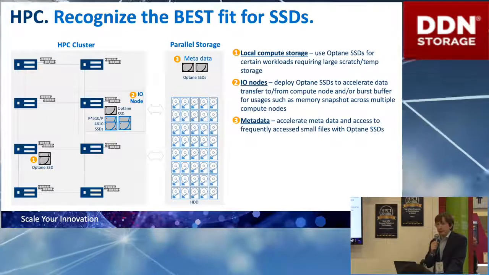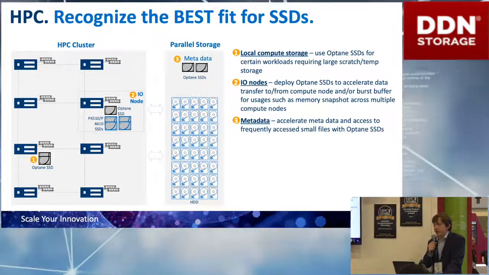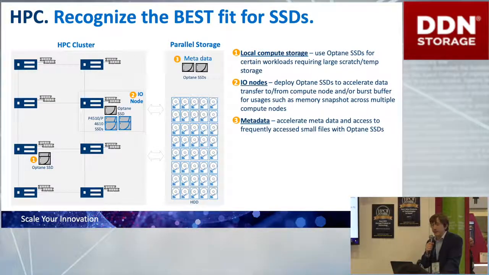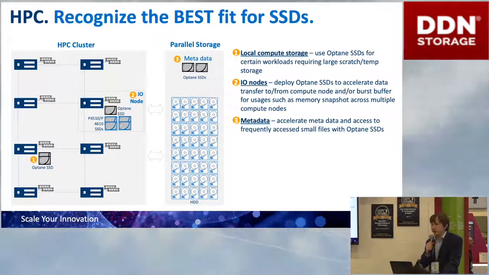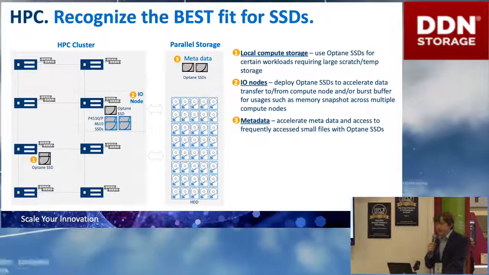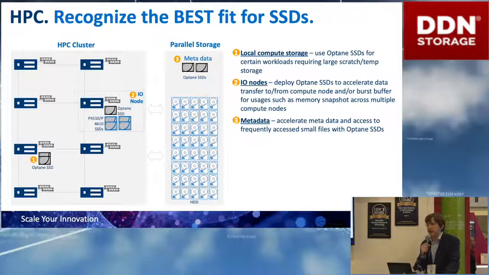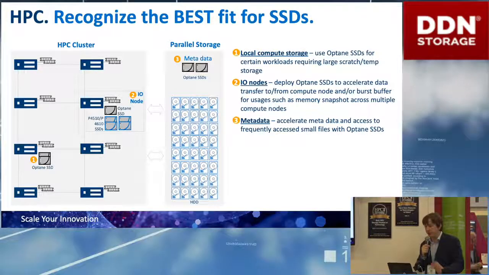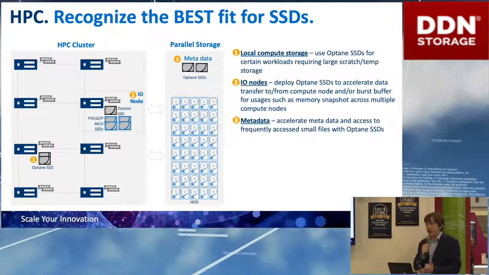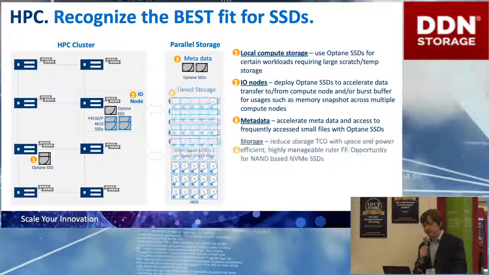And within the metadata, usually it's a really tough configuration, especially if you create and manage many files, millions of files at a time. Metadata has to run faster. Metadata can be your bottleneck to the overall file system. So having some very special products like Intel Optane SSDs inside metadata is the key to how you can improve the performance of your parallel file system, not actually changing the full storage completely.